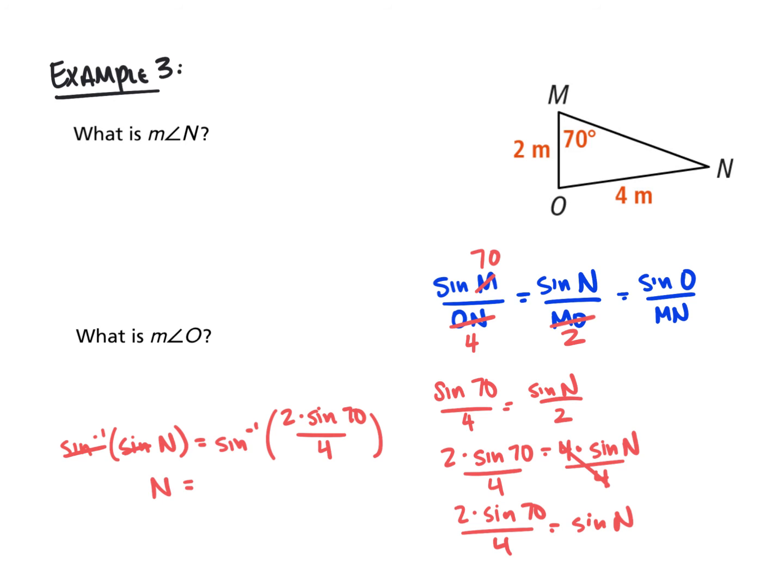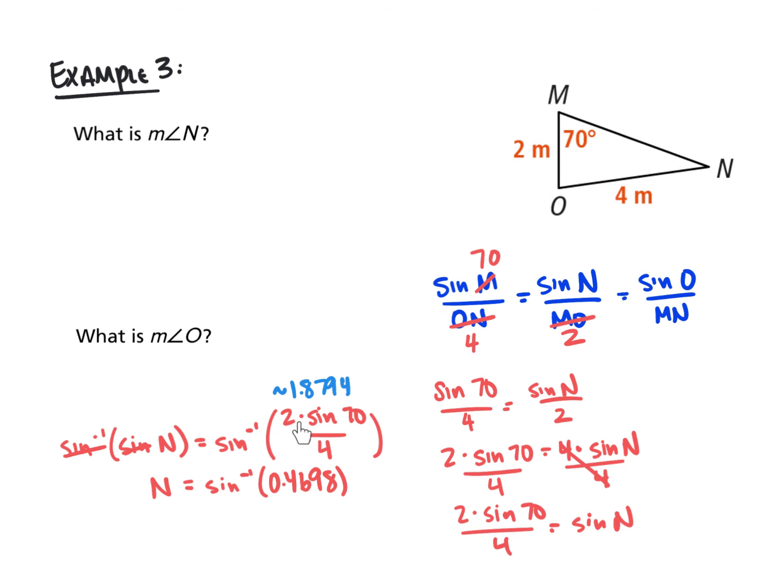So I'm going to take 2 times sine 70, and that numerator is going to come to about 1.8794. Then I'm going to divide that by 4, and I'm going to get, so I'm going to rewrite here. I'm now going to be taking the sine inverse of about 0.4698.